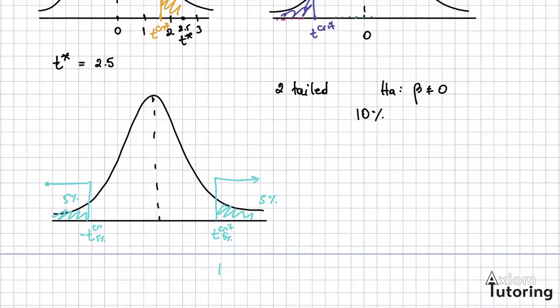You can write it as t 10% two-tailed, but it's a little easier to write it as t critical at the 5%. So now you have two rejection areas in the two-tailed test: this area right here and this area right here. Whichever side you're at that is within this highlighted part, you are rejecting the null hypothesis. If you are anywhere in here on your t star, then you are failing to reject the null hypothesis.